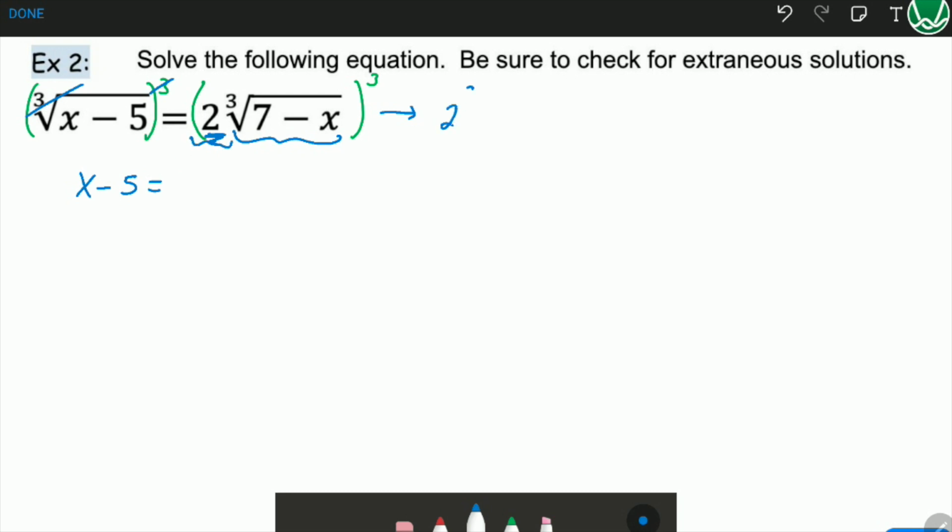So 2 to the 3rd times the cube root of 7 minus x to the 3rd. 2 to the 3rd will give us 8, and then the cube root and the cubing will cancel out, leaving us with 7 minus x. Because there are 2 terms underneath the radical, I will need to put the 7 minus x in parentheses.